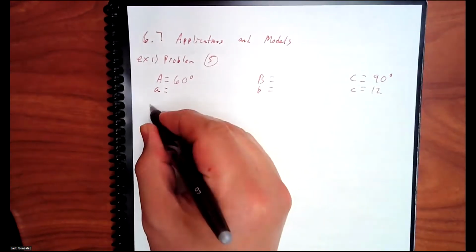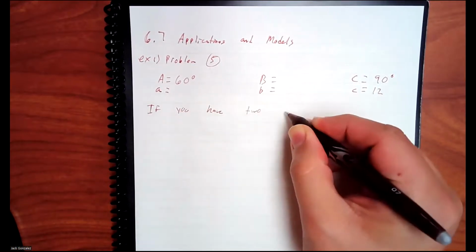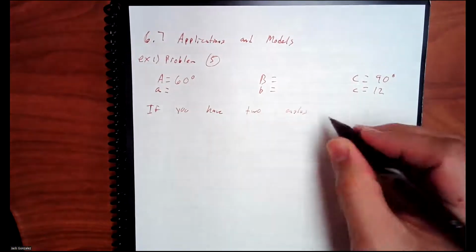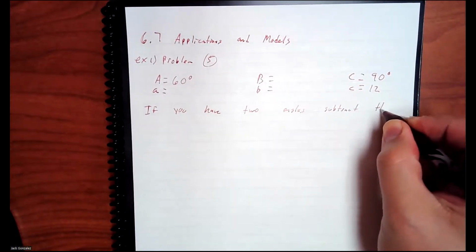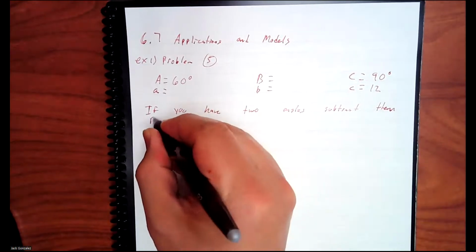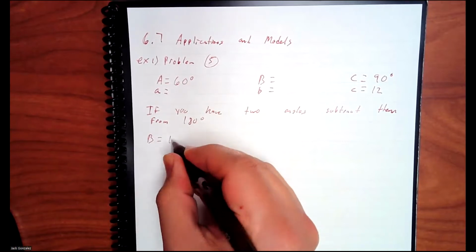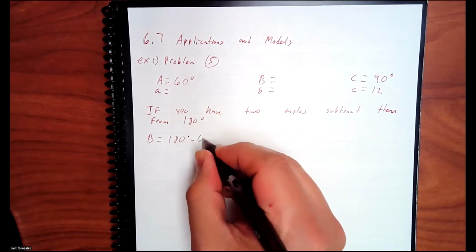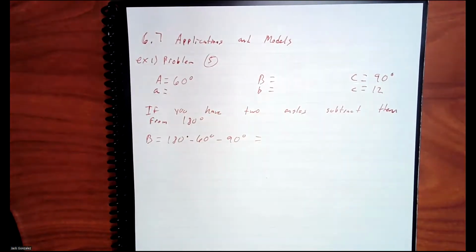If you have 2 angles, subtract them from 180. So B is going to equal 180 minus 60 minus 90. So what is that? 30?